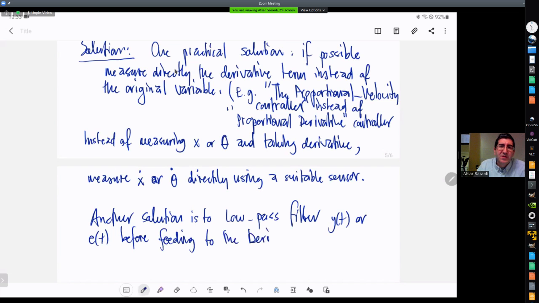That means before taking the derivative action. But this doesn't mean filter it for all operations. Just filter it before taking the derivative. Okay?